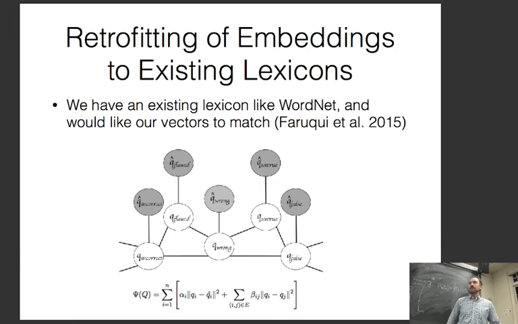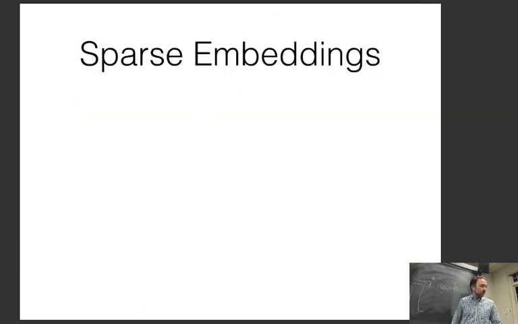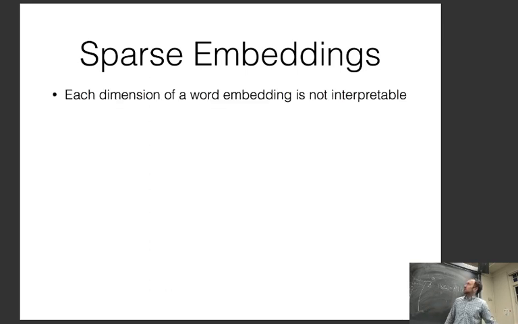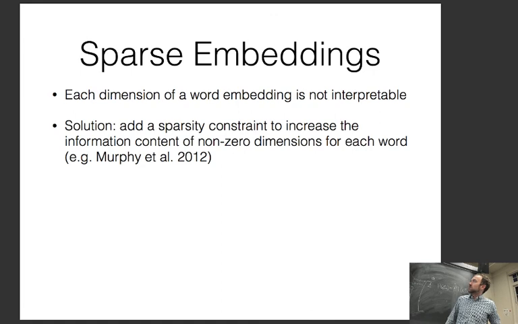Okay. So the final one is about interpretability. I had a question about whether the dimensions are interpretable, and I'm finally returning to that question. Basically, each dimension of the word embedding is not interpretable normally, unless you do something like dimension reduction.